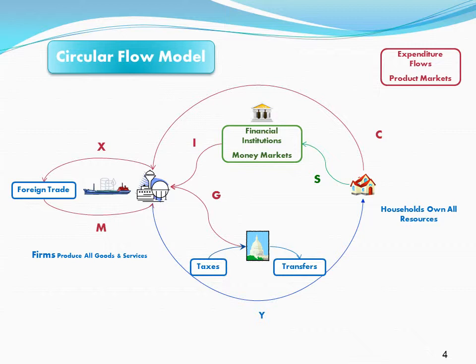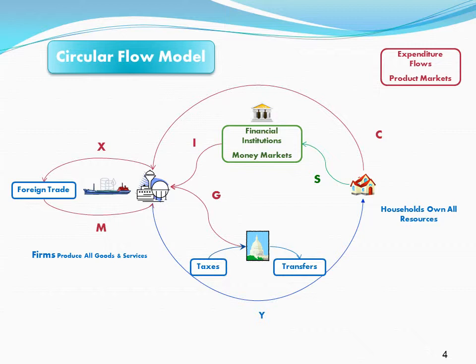The top loop shows where all the goods and services are being traded, and that is, we go out and purchase food and clothing and entertainment, etc. Investment is buying plant and equipment. So we have product markets. Of course, this is all based on supply and demand, correct? But we would call this expenditure flows or spending flows at the top.